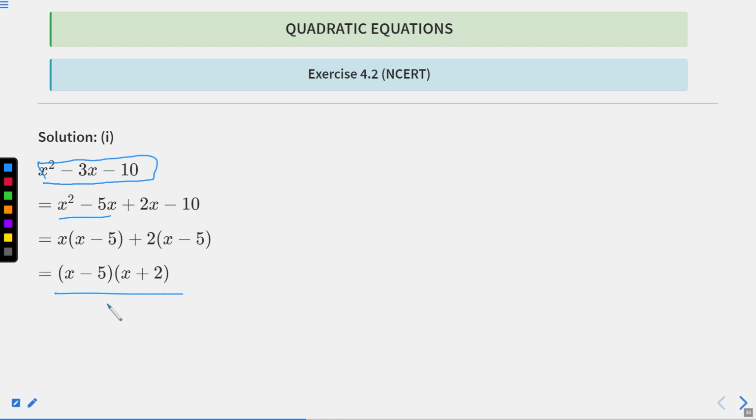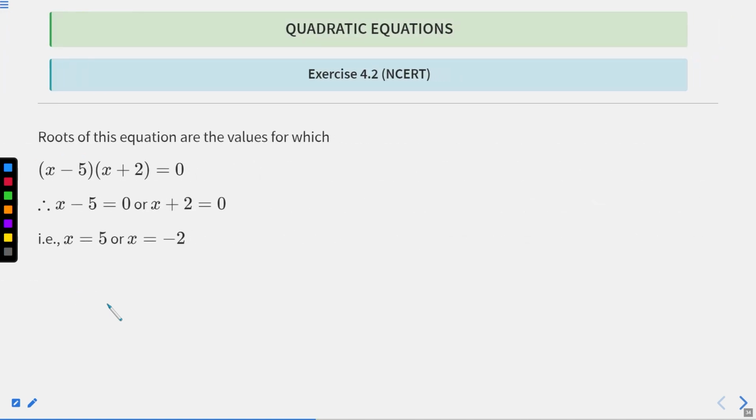Now for finding the roots of this quadratic equation, we equate this factorization to 0. The roots are the values for which x minus 5 times x plus 2 is equal to 0.